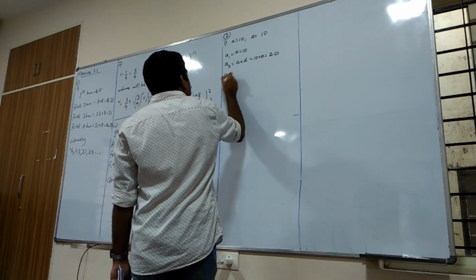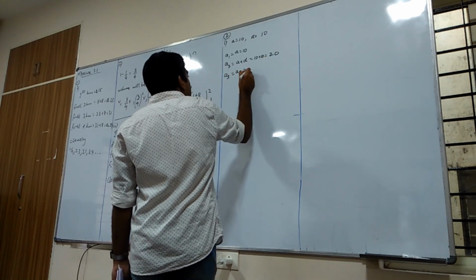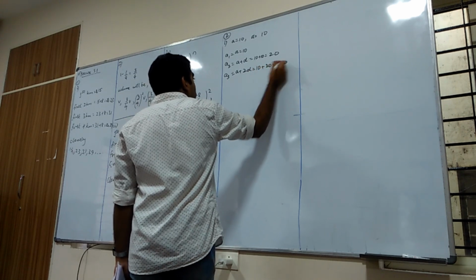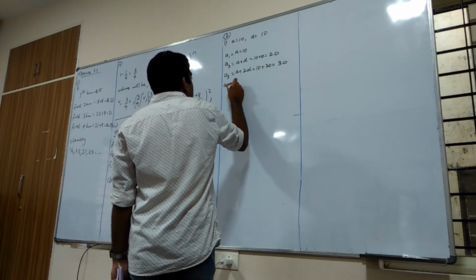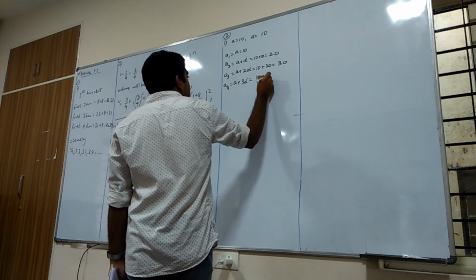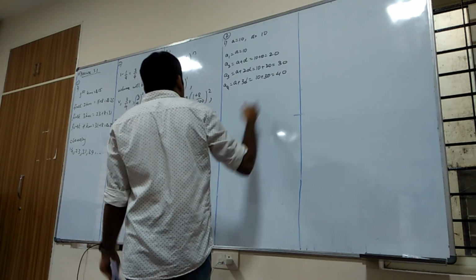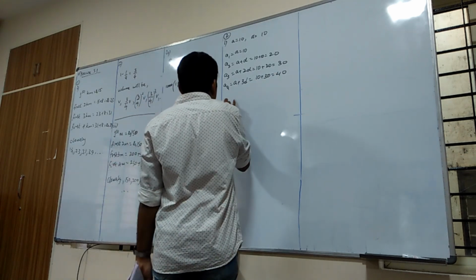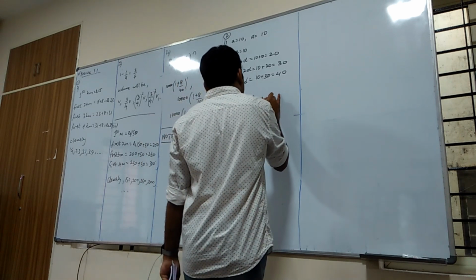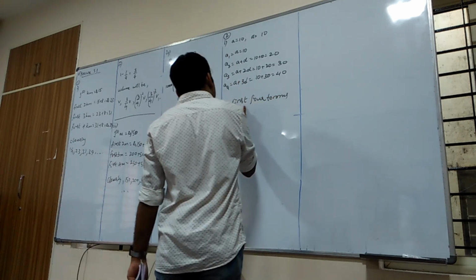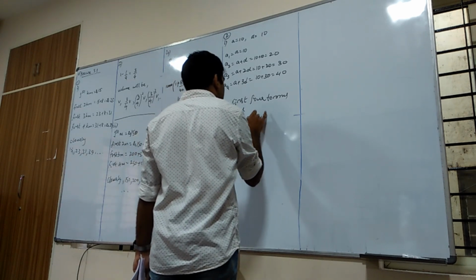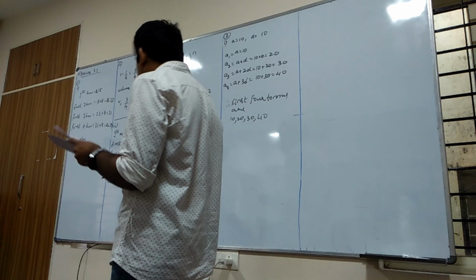A3 is a plus 2d, 10 plus 20, 30. A4 is a plus 3d, 10 plus 30, 40. Therefore, the first four terms are 10, 20, 30, 40.